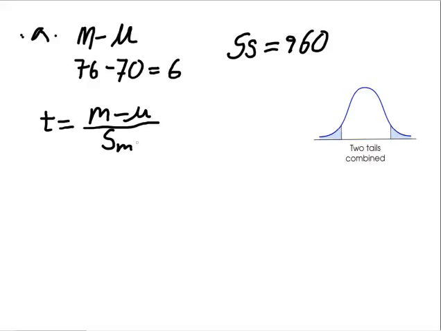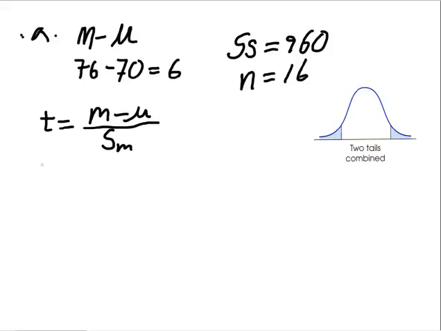So let's see the things that we know. We know that the SS is 960, and we know the sample size is n equals 16.